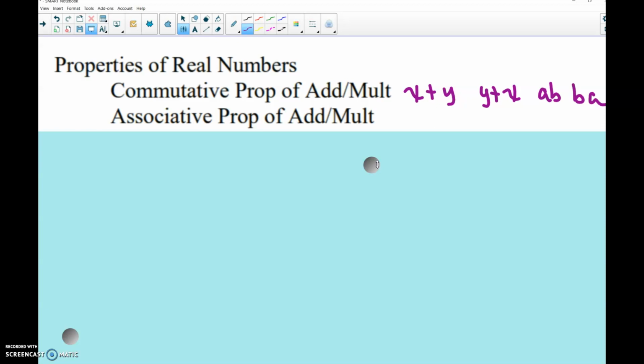So associative property in this case would be A plus B plus C, whereas A plus the quantity B plus C. Your parentheses come first. Both of these are the exact same thing. It's just the associative property. The parentheses show you which one to do first. Same thing with multiplication.